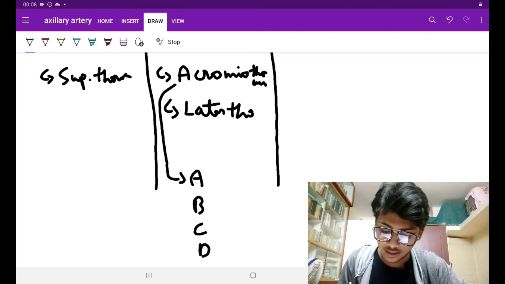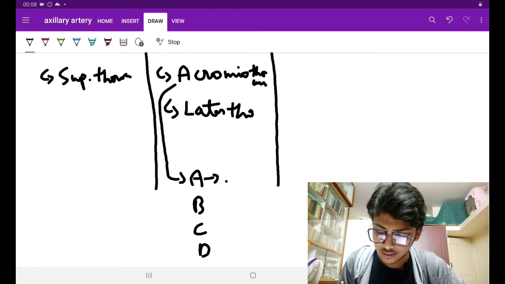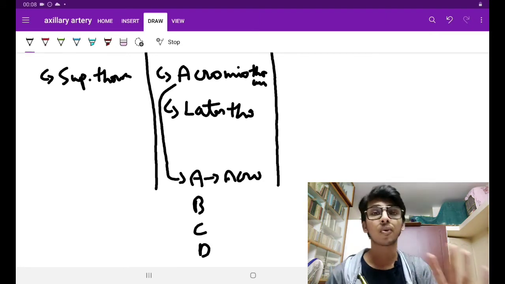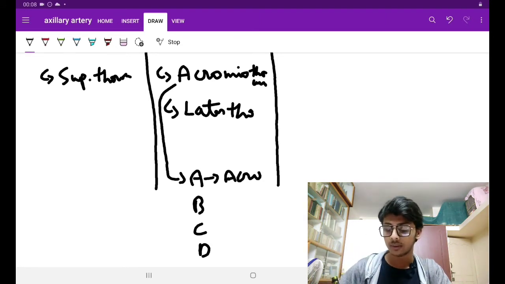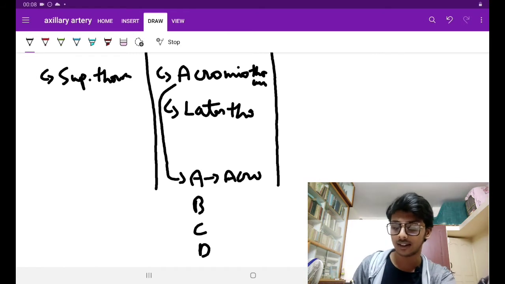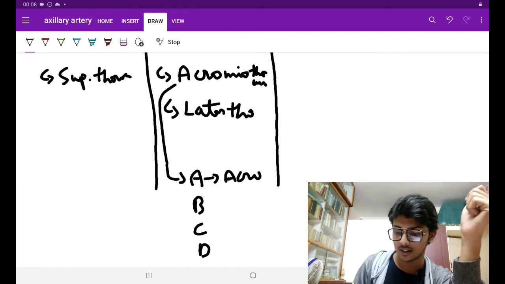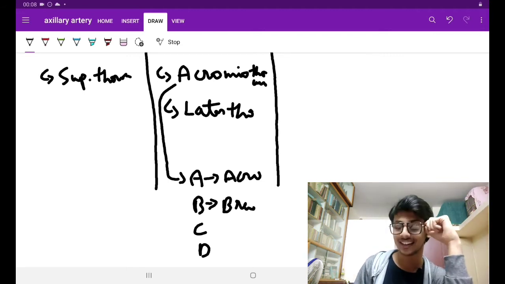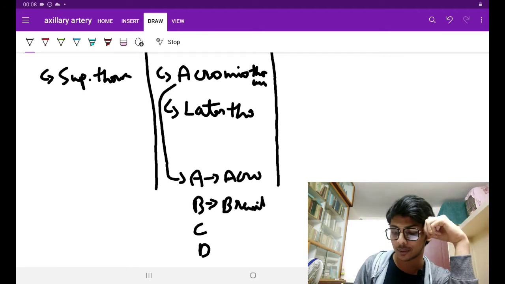What is A? A is the acromial branch. That is one of the main arteries which is giving 4 branches. Acromial branch, acromiothoracic, so obviously it will supply the acromion. Okay. Then there is B for breast, also called the pectoral branch.